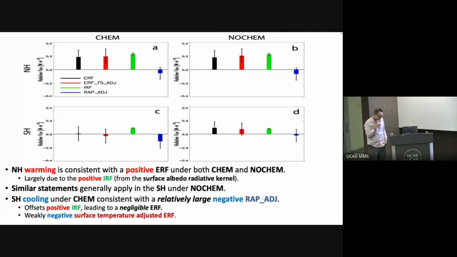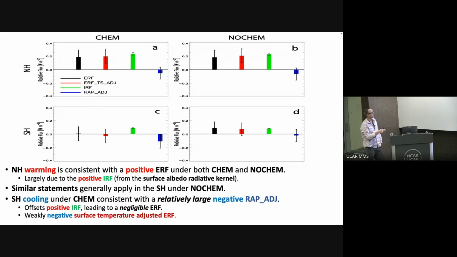We can also look at the fixed sea surface temperature simulations that I previously described to try to understand the mechanisms. Chem is on the left, no chem is on the right, and I've decomposed it into the northern hemisphere and southern hemisphere response. The effective radiative forcing in the northern hemisphere under both chem and no chem is positive, which is consistent with warming.